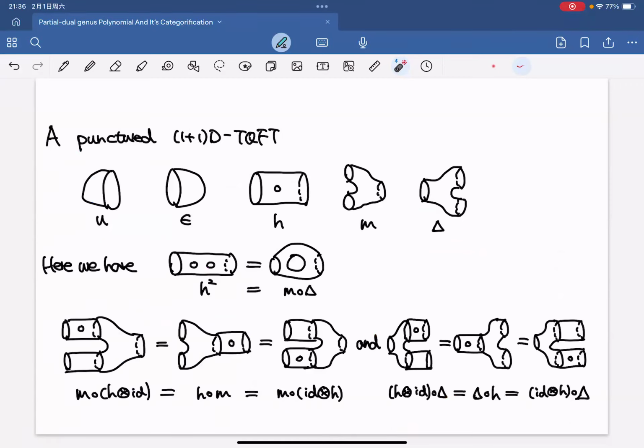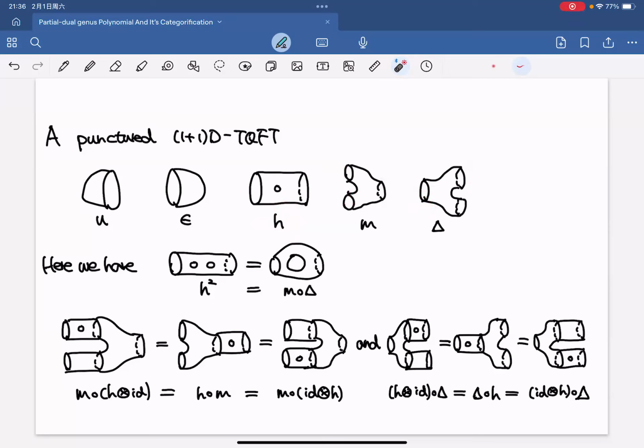If we use this direction, this is the birth, this is the death, and here is the half genus map H, and we use a puncture here to denote it. This one is the multiplication, and this one is the comultiplication. So this is from M tensor M to M, and this one sends M to M tensor M.